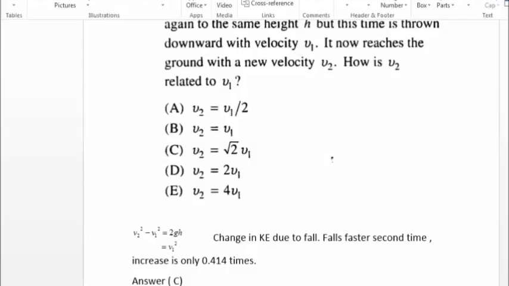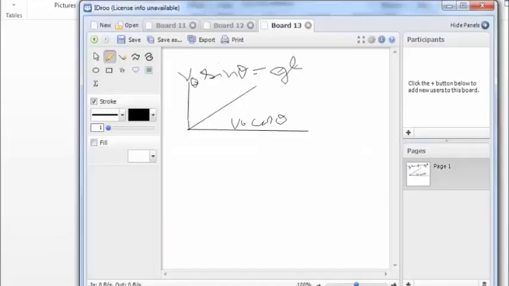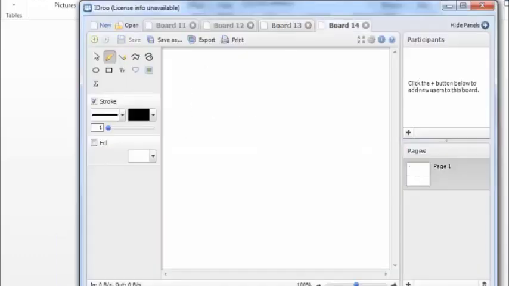Okay. Now initial velocity, mgh is equal to half mv1 square.